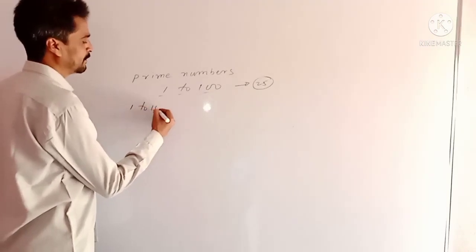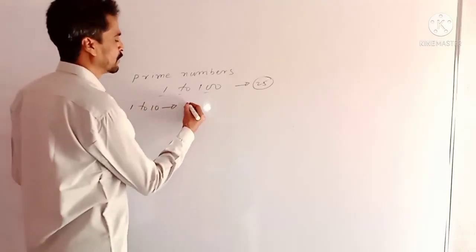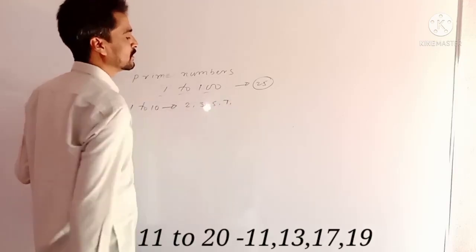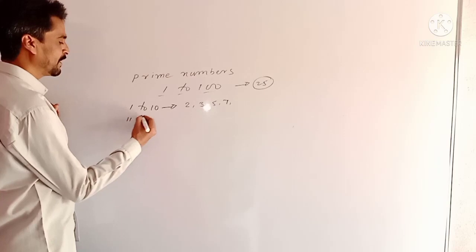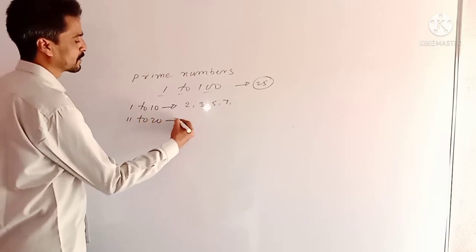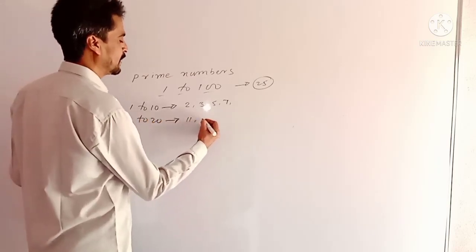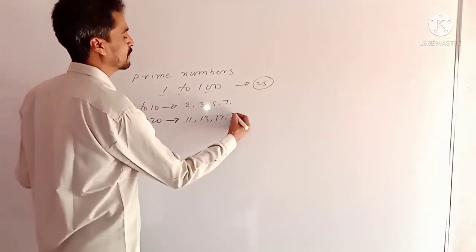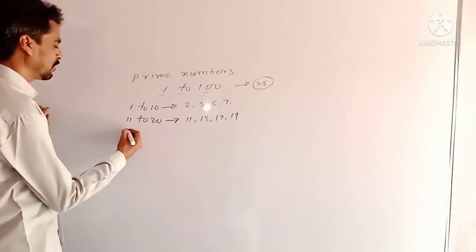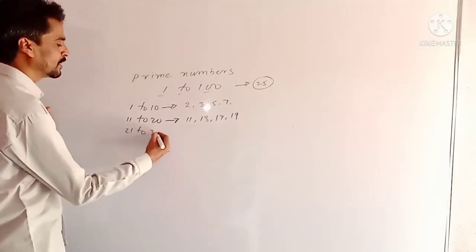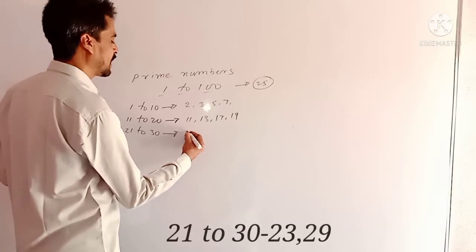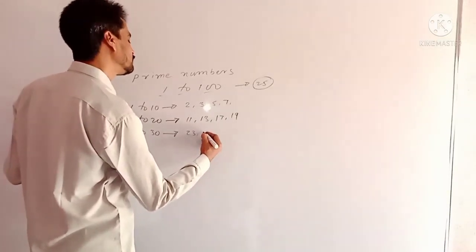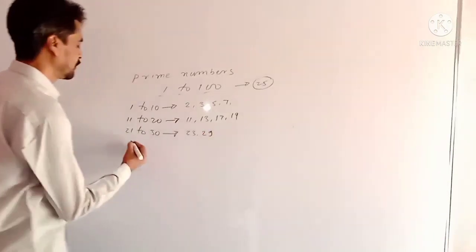From 1 to 10, the prime numbers are 2, 3, 5, 7. From 11 to 20, the prime numbers are 11, 13, 17 and 19. From 21 to 30, the prime numbers are 23, 29.